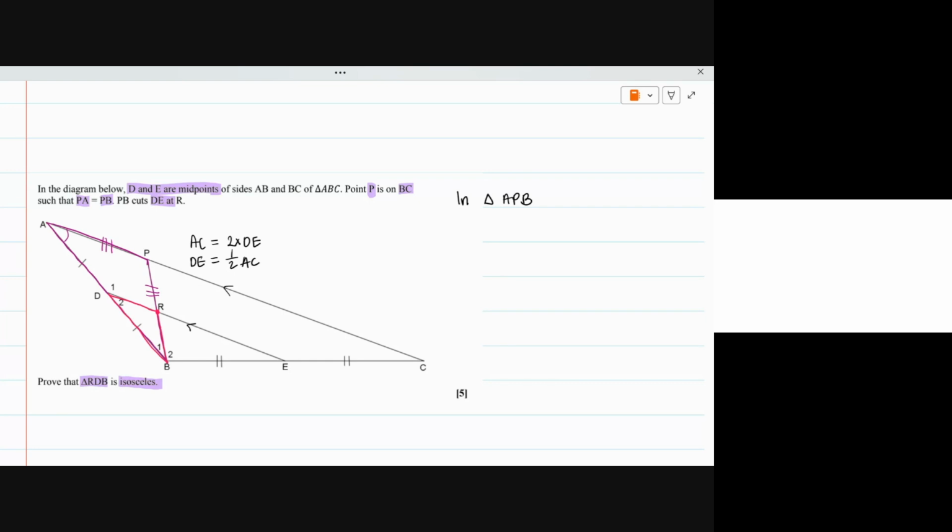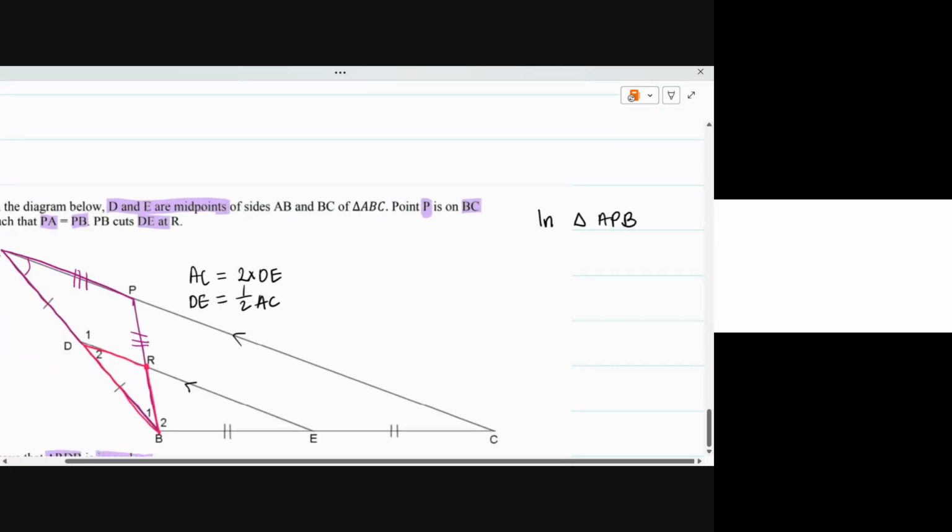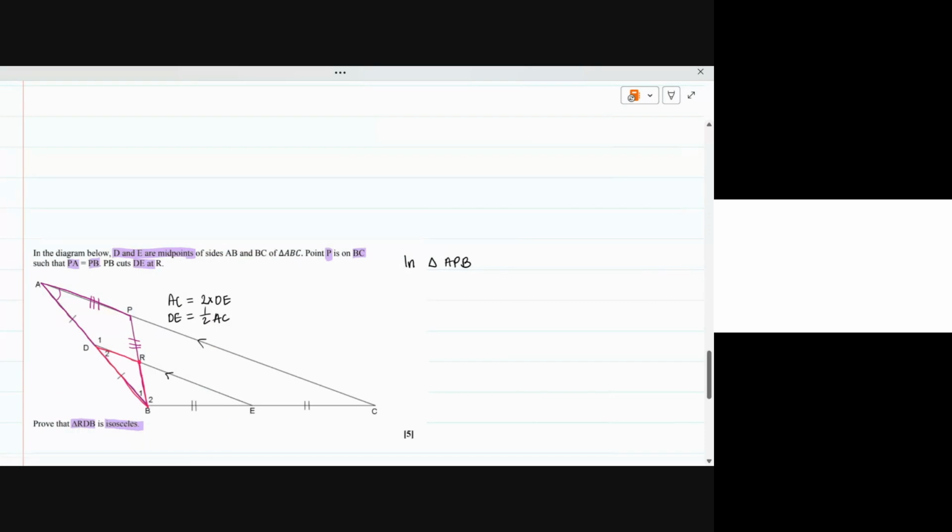Good. Not just B, because if you just said B, then you're talking about that whole angle. We need to be very specific. We need to say angle A is equal to angle B1. Those are the base angles of my isosceles triangle. But I can't write isos.